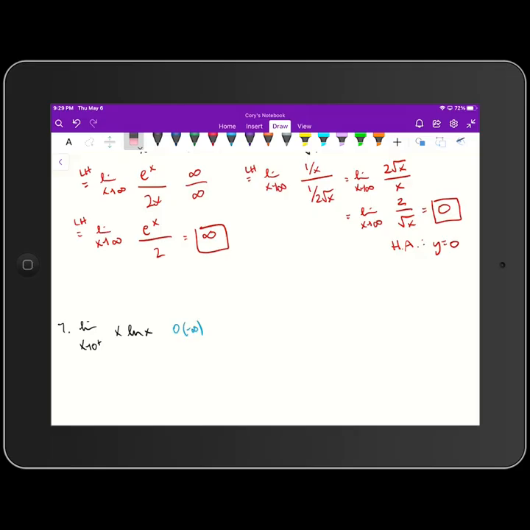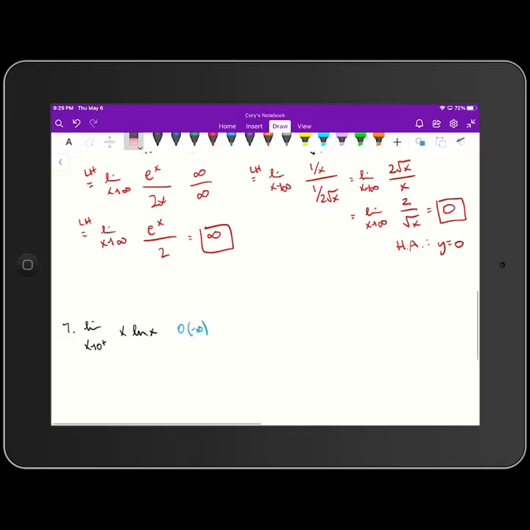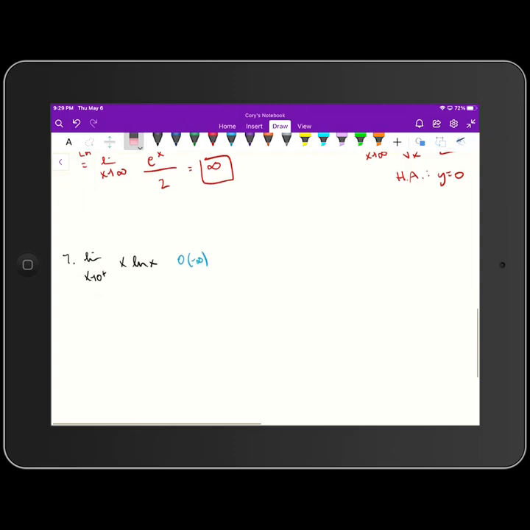So what we want to do here is take this function and manipulate it or rewrite it where it's of the form 0 over 0 or infinity over infinity. Okay, so what we can do in this particular case is rewrite this. So this is going to become the limit as x goes to 0 from the right.